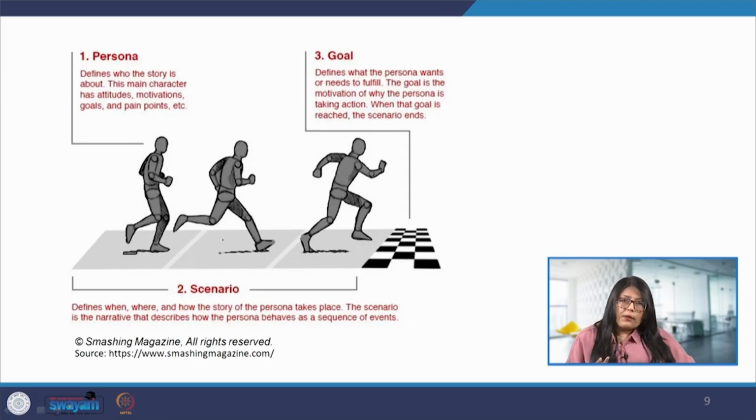The second goal can be to access exercise routines. Ramesh is interested in having access to a variety of exercise routines which are specifically tailored for his requirements and his preferences. He wants the app to recommend workout plans based on the goals that he sets for himself, whether it is weight loss, muscle gain, or overall fitness.